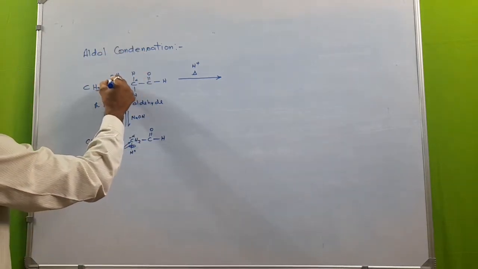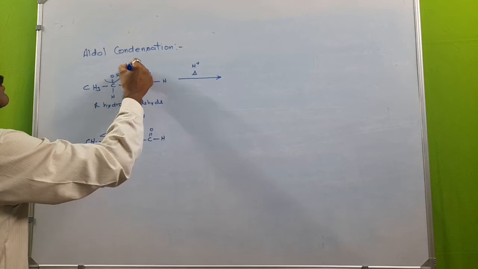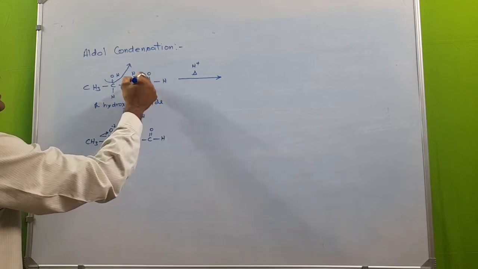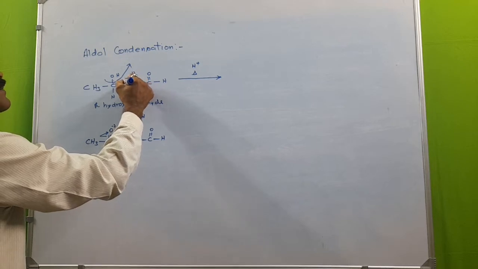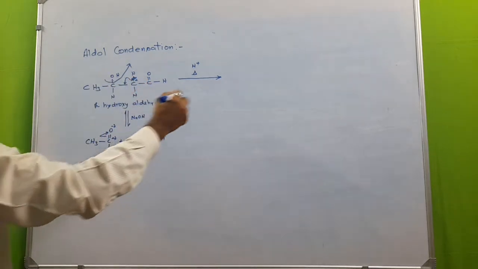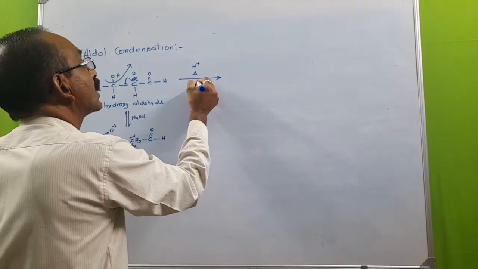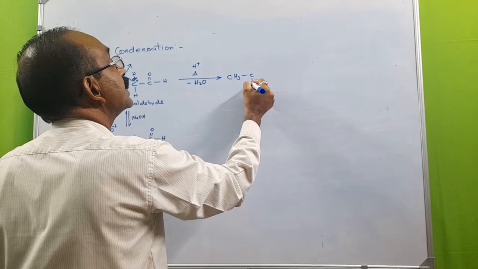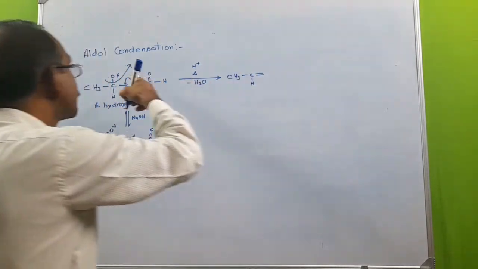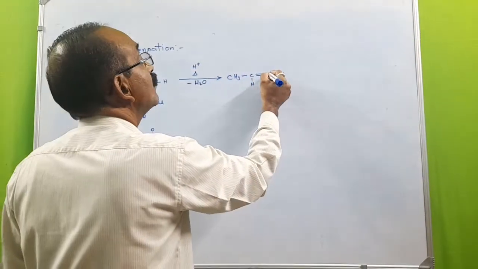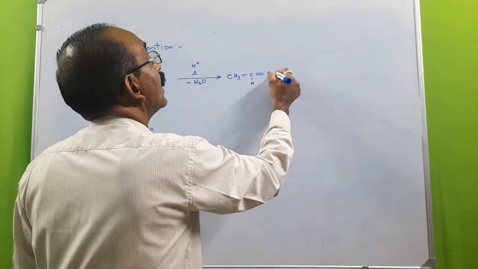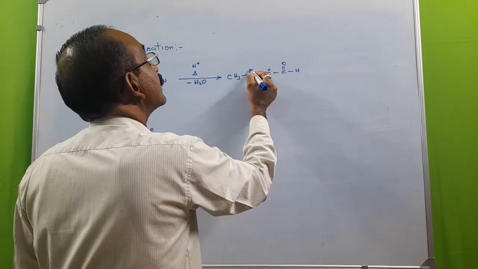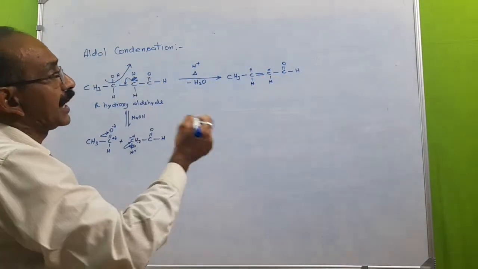Here dehydration occurs, the OH minus comes out, and the electron pair of this alpha C-H bond shifts in between the two carbons, and the water molecule is lost and you will get CH3CH here. As the two electrons come here, a double bond forms, and there is unsaturation between the alpha and beta carbons.